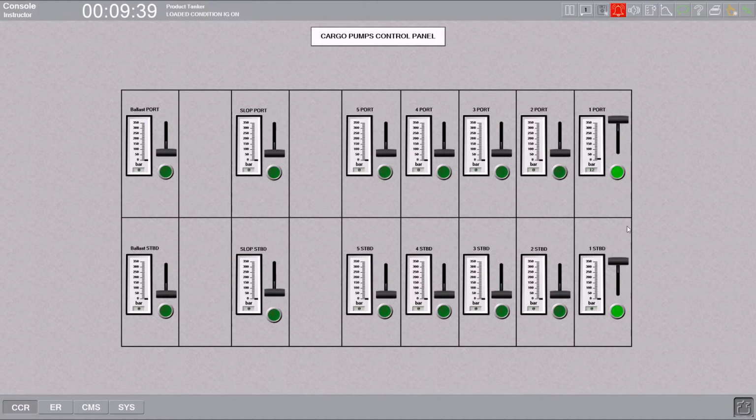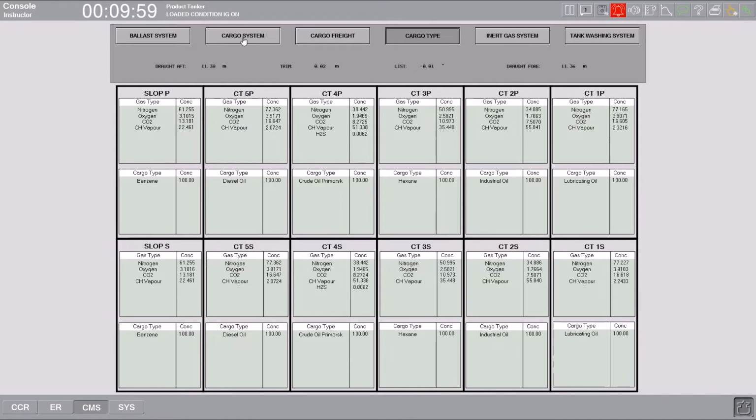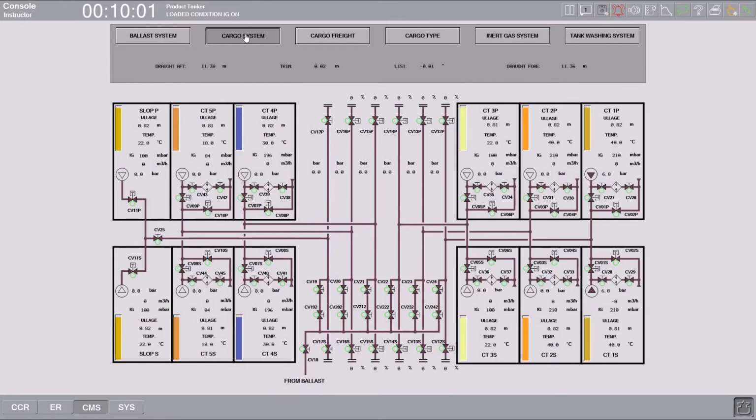Otherwise we may have a back pressure and the cargo from the terminal can enter the tank, and that could lead to a huge problem. So we build up the pressure here, same, that is 6.7 bars. And the cargo will fill up the line, discharge line, and open the manifold.